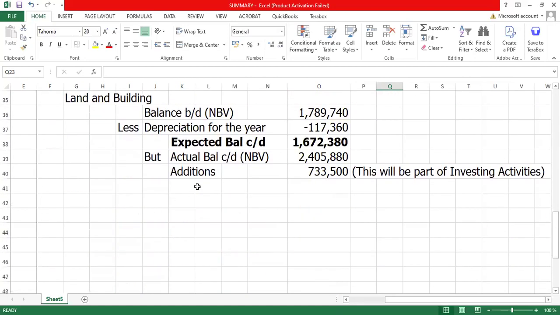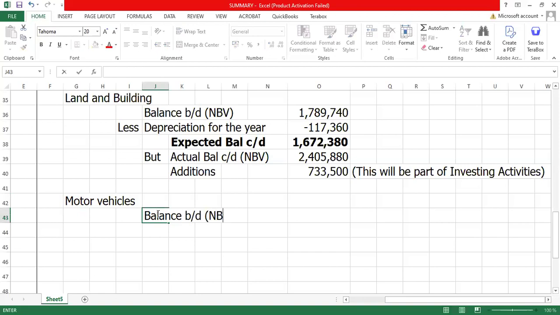Okay, so lastly, we have another asset called the motor vehicles. What is the balance brought down? The net book value at the start of the year.